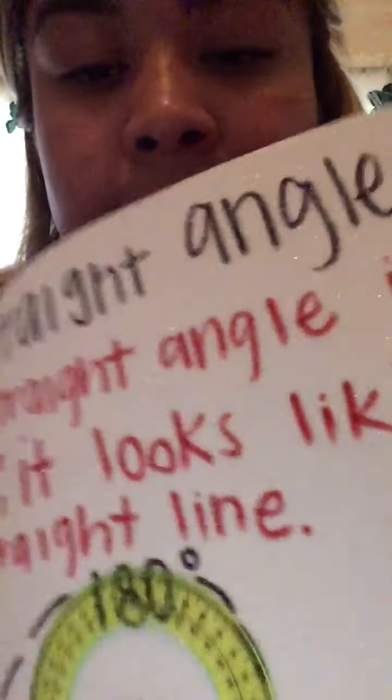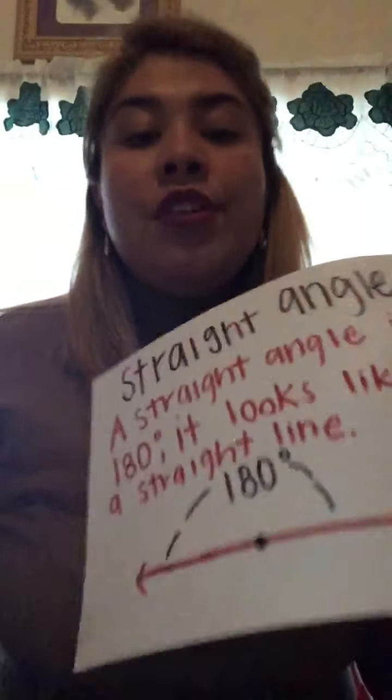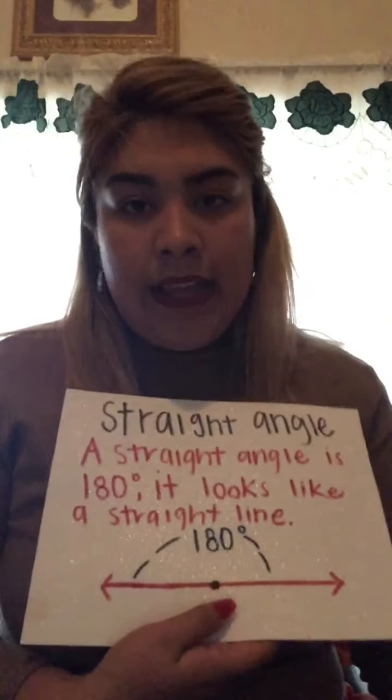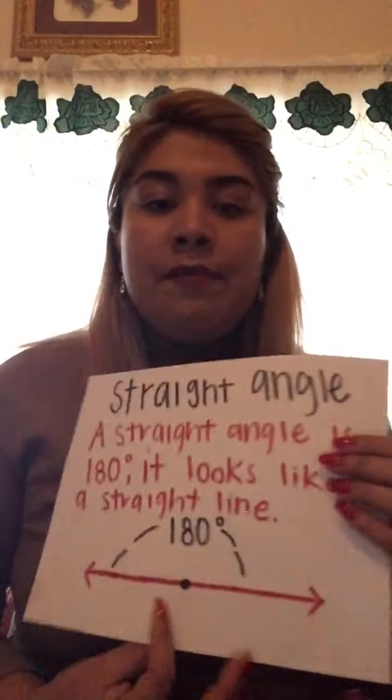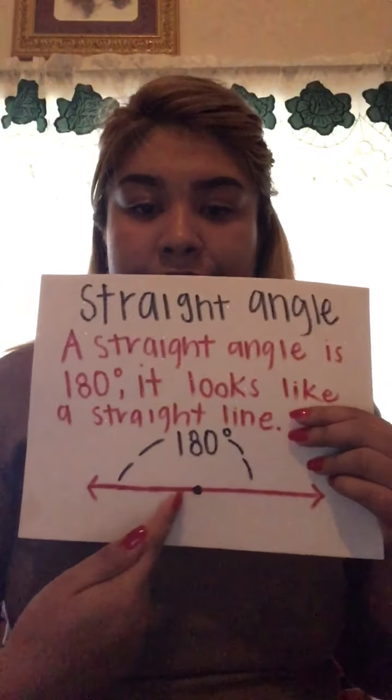If we put the protractor in the middle, it says right here in small numbers, 180 degrees. This is pretty much a straight line, but the term for it is a straight angle. It's a fancy word for straight line, but just keep in mind that a straight angle is a straight line. Like you can see right here with the red marker.